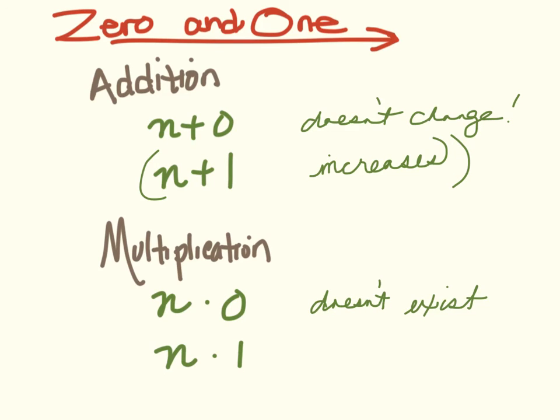However, if I multiply a number by 1, it's the same as adding a 0. It doesn't change. It stays the same. So there you go. Kind of a look at what 0 and 1 do depending whether you're adding it or multiplying it.